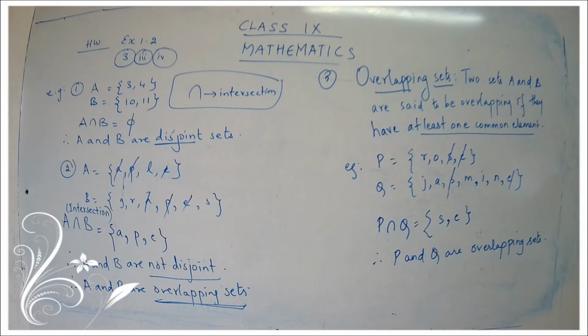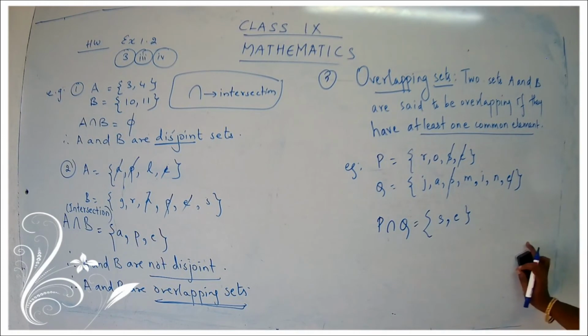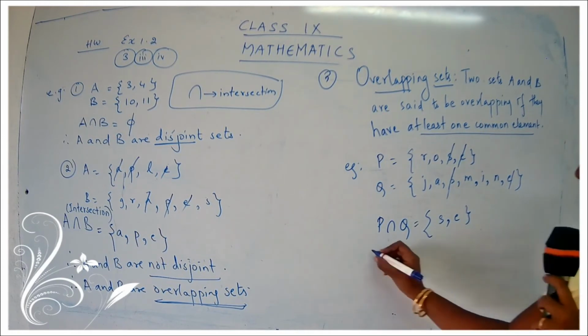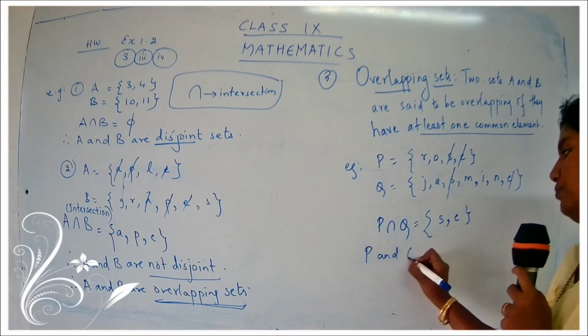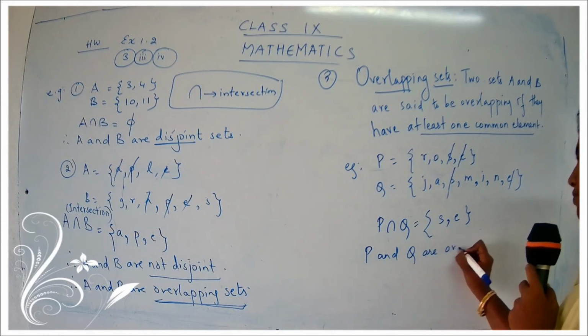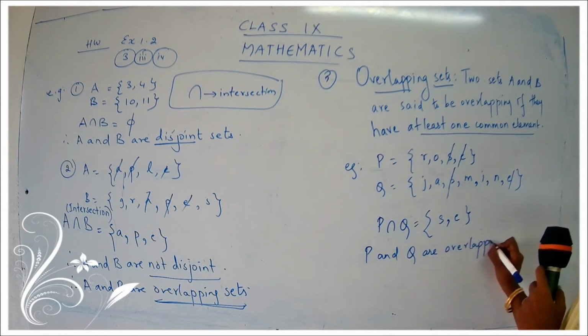So two sets A and B are said to be overlapping if they have at least one common element. If you get P intersection Q as empty, you should say that this is a disjoint set. So P and Q are overlapping sets.